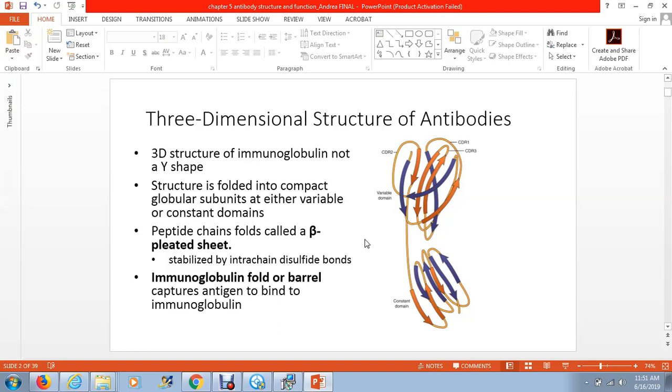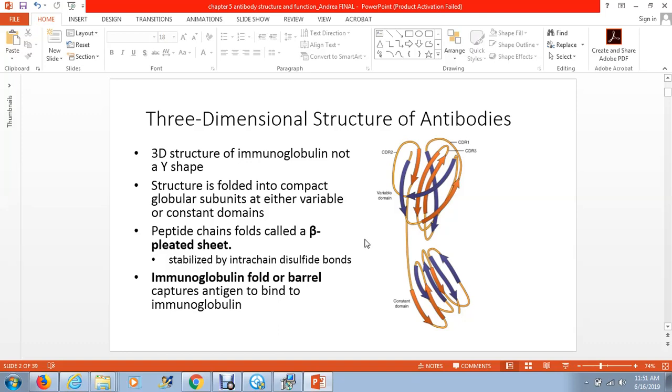Those very small regions of amino acids that are going to actually bind the antigen are called the hypervariable region. We call them that because that's the area of the exact match of what we're creating to bind to the antigen and of the antibody.